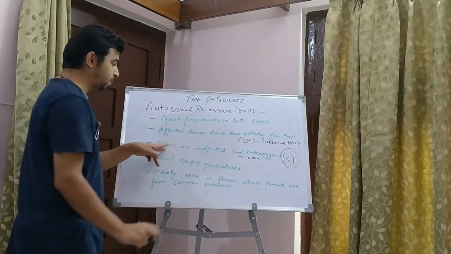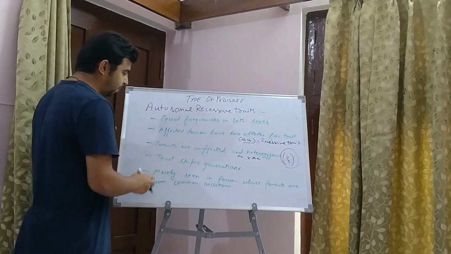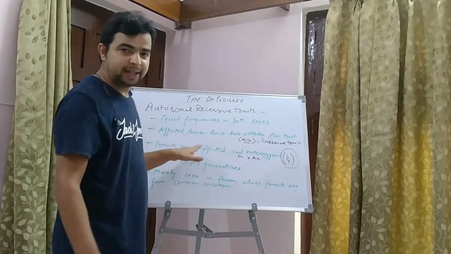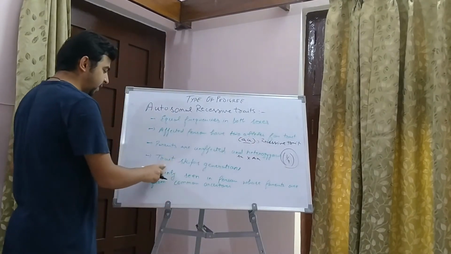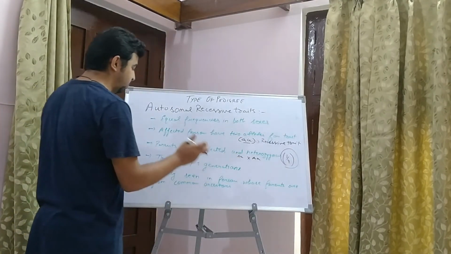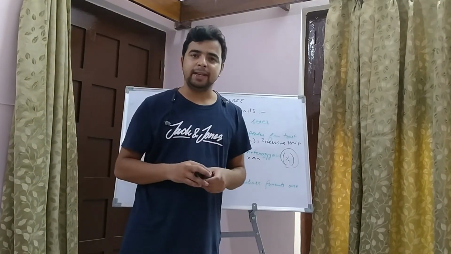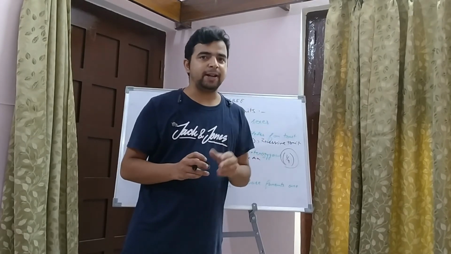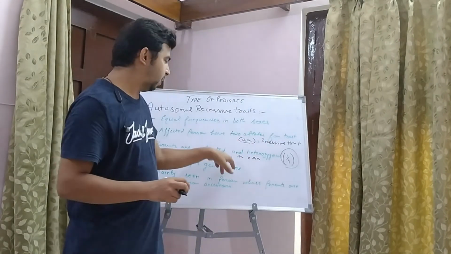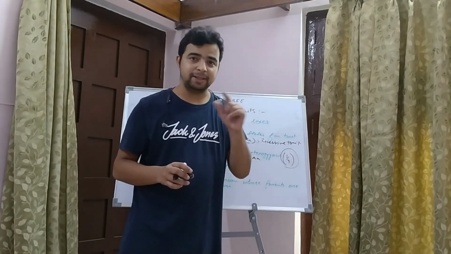Next is that the trait skips generations. Here we can see that parents are unaffected, so we can say that they skip a generation. It is not necessary that the parents are also affected. They may be carriers, but they are not affected, because if they are heterozygous, the dominant trait is suppressing the effect of the recessive trait.